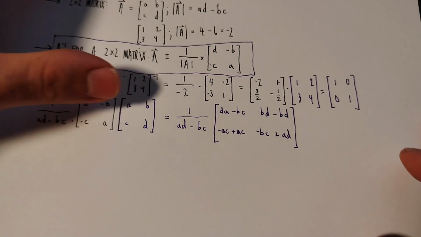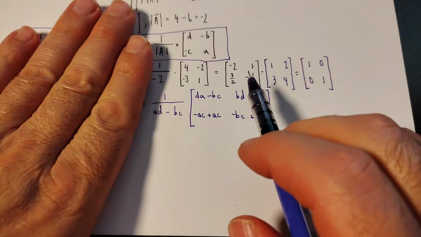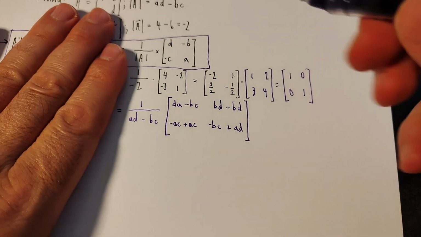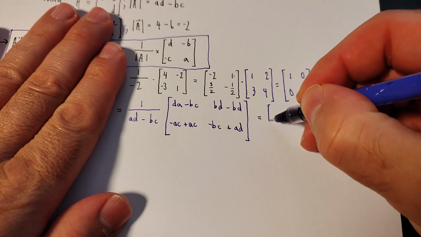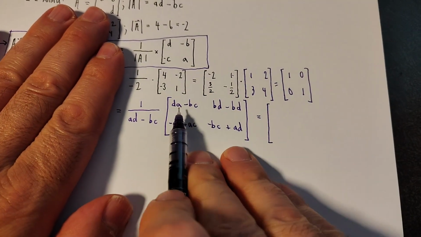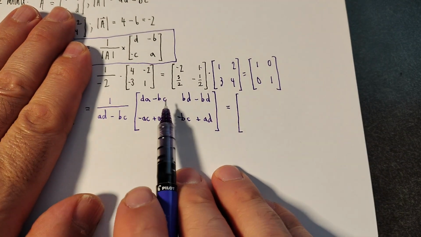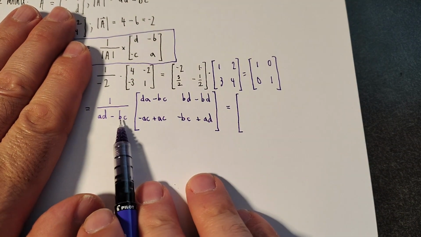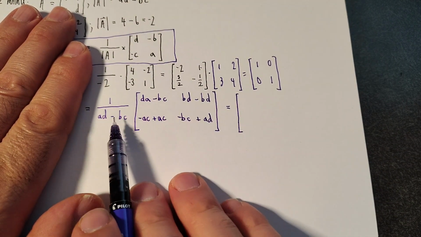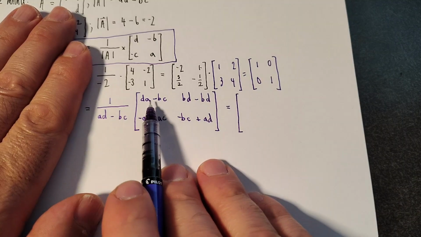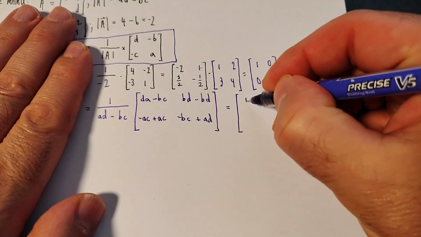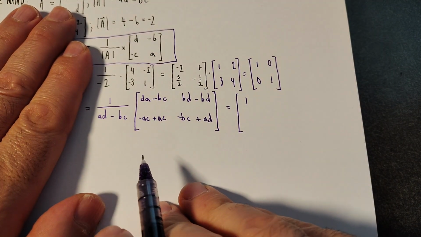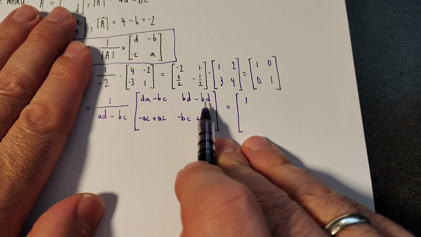All right. And now look what happens when we then turn around and multiply through. This just becomes, right? See that? It's AD minus BC divided by AD minus BC. Again, when you have a scalar out front, you multiply all the entries by that scalar. So this becomes the number 1. Right? B times D minus B times D is 0.